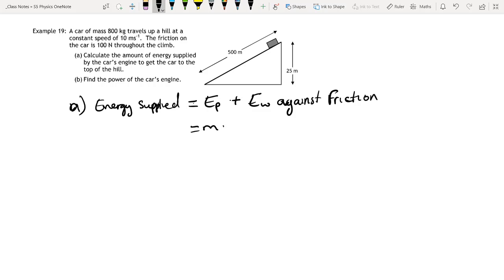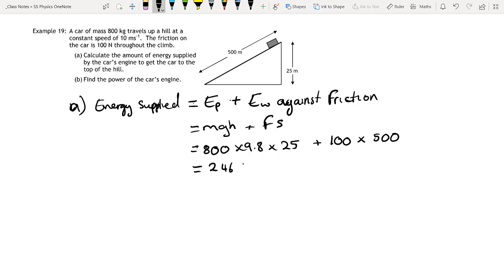So mgh plus force times distance, Fs. So it's 800 times 9.8. Remember, it's the vertical height, so 25, plus the force of friction, which is 100, times the distance travelled, which is 500. And that comes to 246,000 joules.